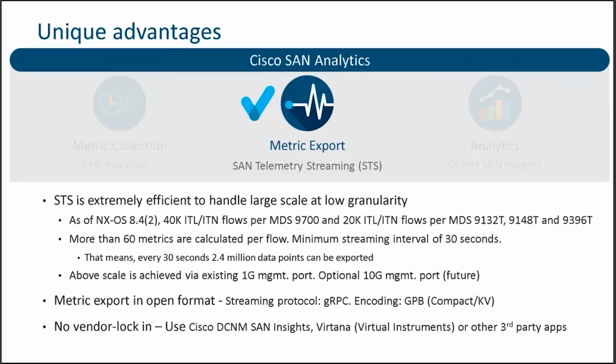If you go via SNMP, there's just one thing that's going to happen: we'll kill the switch, right? High CPU, and it will never come up until there's some major disruption. So that's why we don't even support this capability via SNMP, and we had to come up with streaming telemetry, which is an extremely optimized approach of exporting this.